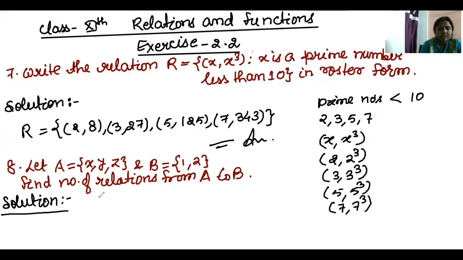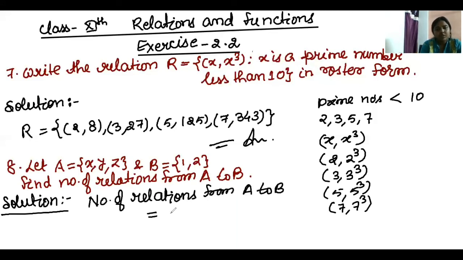So the number of relations from A to B is 2 to the power of the number of elements in A times the number of elements in B.